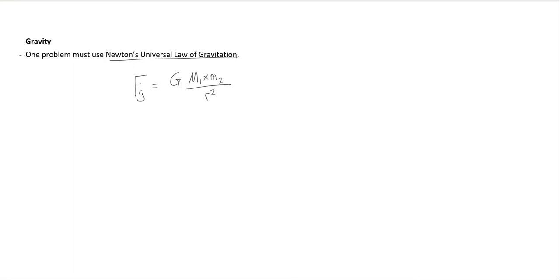Now, the real easy thing about this is that this is a universal law of gravitation, which means we can choose any two objects. Because it's universal, this law applies to anything. So this is fantastic. What we're really going to have to watch out for here is remembering what R represents.